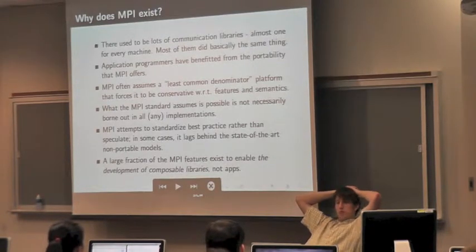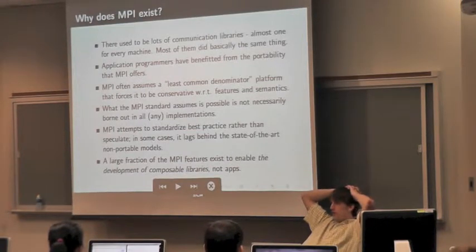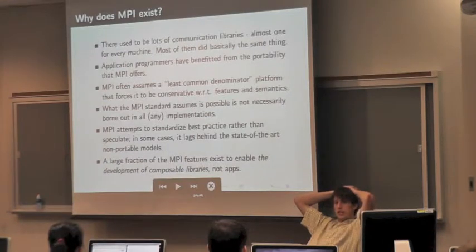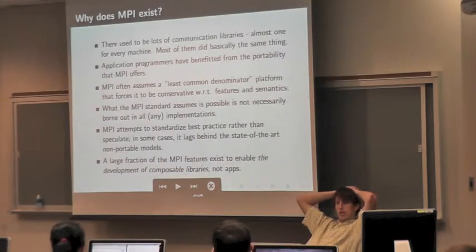Basically people realized 2 things. One, it was really annoying that every time you switch machines you have to go in and change your function calls. And the second thing, which is everybody was basically converging to, at least with regard to send-receive, the same basic features. And so they got together and they unified those ideas into the MPI standard.